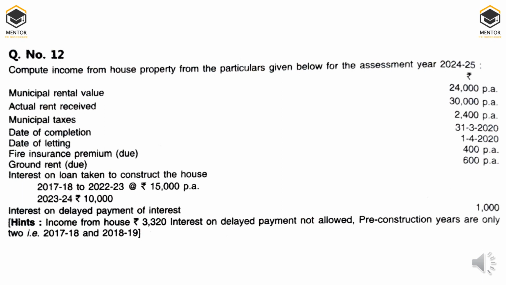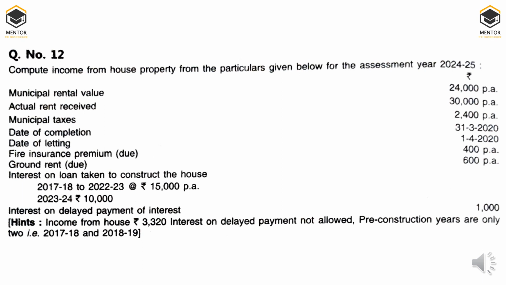So in this question we have a concept called pre-construction period interest. When was the building completed? On 31st March 2020, in the sense in 19-20 it was completed. Any interest paid before 19-20 is called pre-construction period interest.